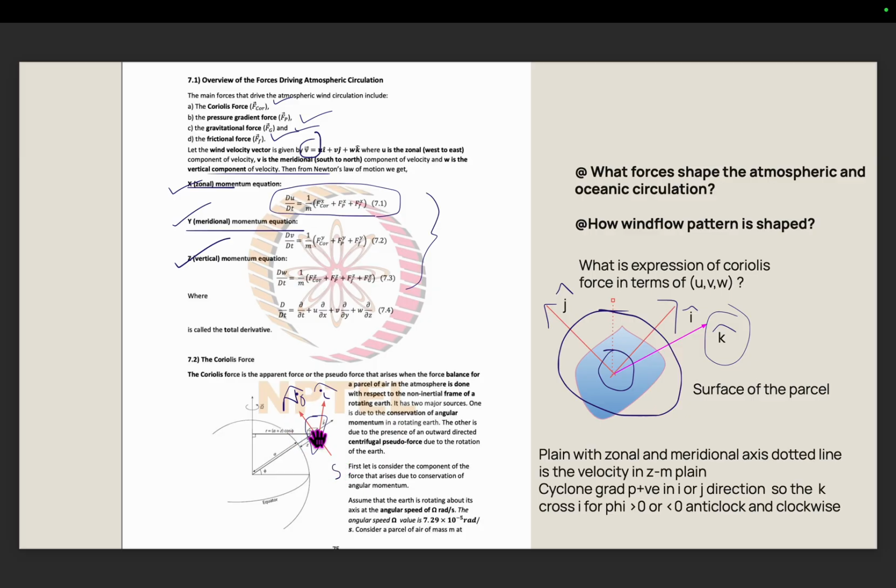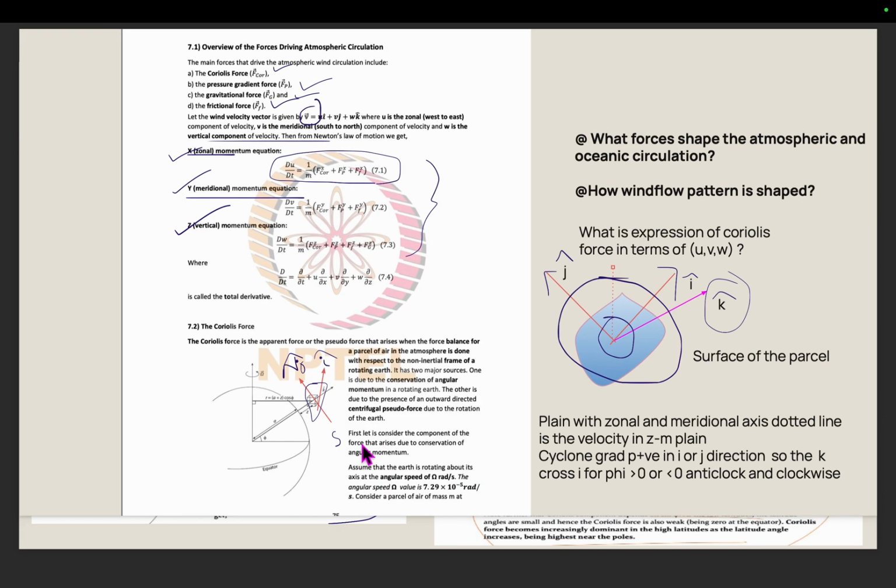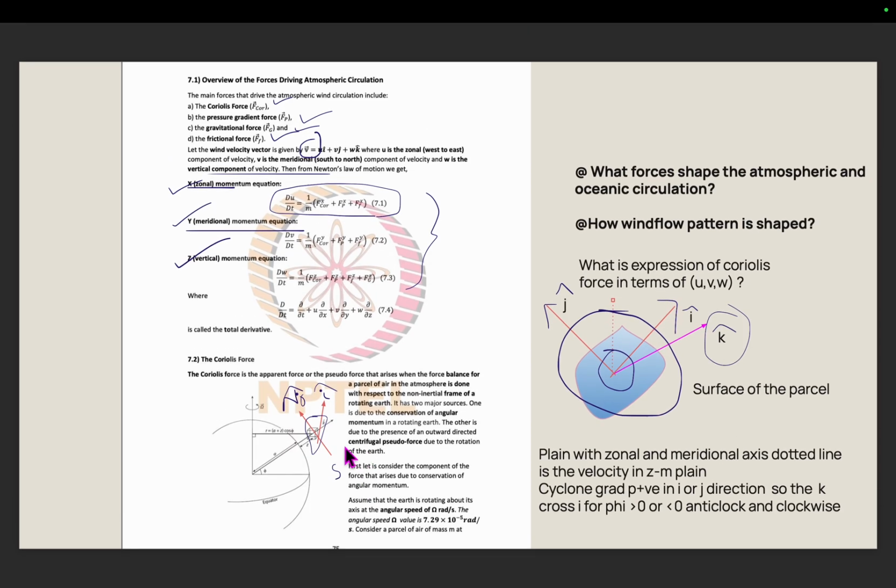So suppose you are here and you are going along the j cap direction, that is del T by del y. Your temperature is decreasing as you move along j cap. In the northern hemisphere it is written that del T by del y is less than 0, and in the southern hemisphere you are moving in the reverse direction. The j cap direction is opposite in the southern hemisphere, j cap is minus j when you are moving, and the temperature is decreasing as you are moving to the south pole.